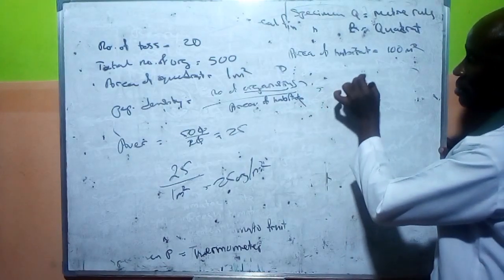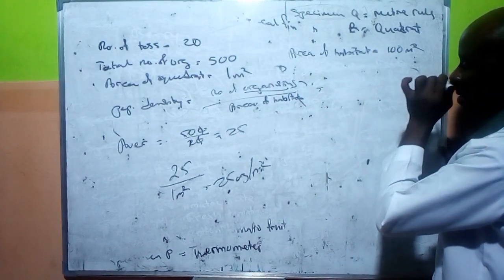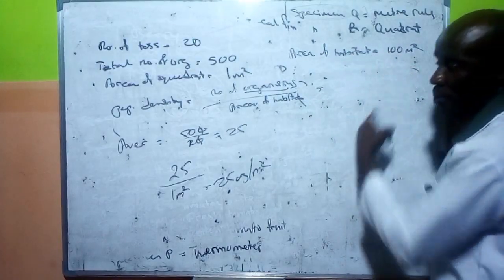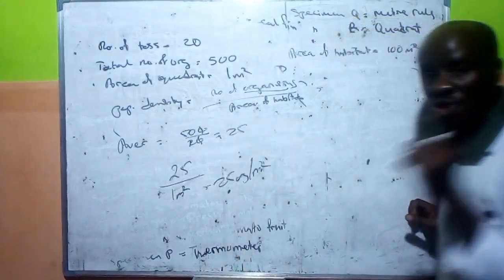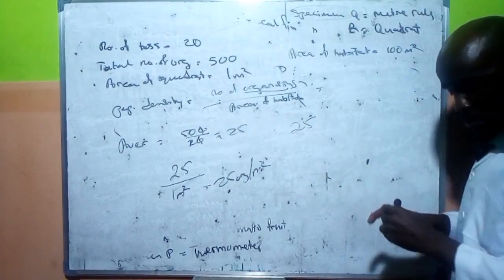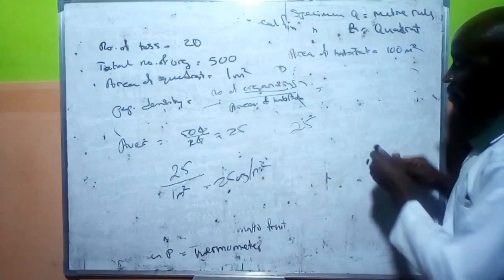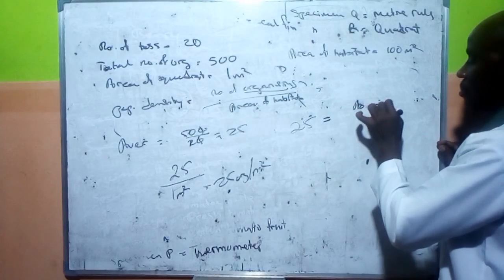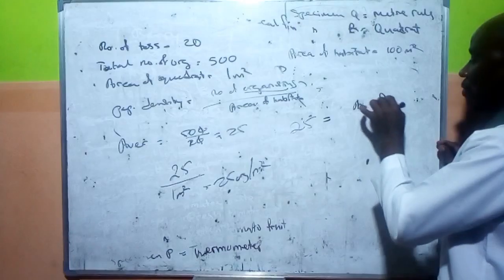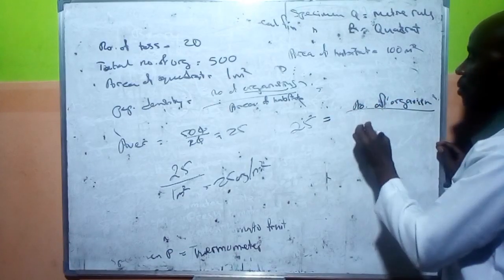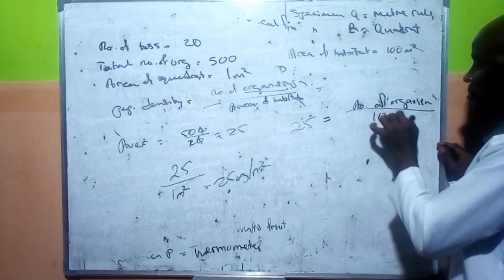We don't know the number of organisms in this very area, but we now have the estimated population density, which is 25. So 25 is equal to number of organisms over the area, which is 100.